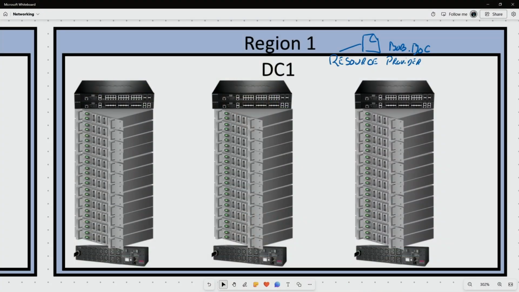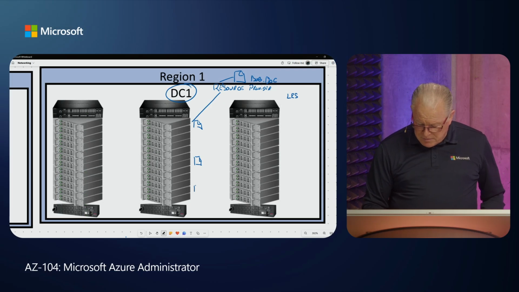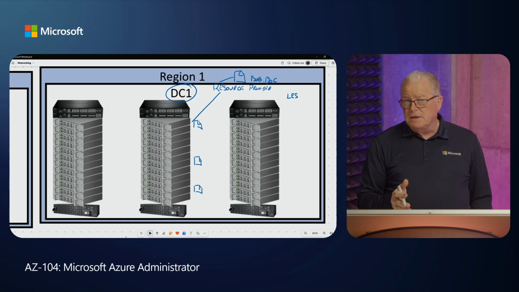So I've got my bob.doc connects to the resource providers, and it's now going to write 3 copies of that bob.doc file someplace into an LRS, locally redundant storage, into a single data center inside of the region. So as I'm drawing this, hopefully some of you are thinking, Bob, what are you doing? I've now put those 3 copies into the same fault domain.